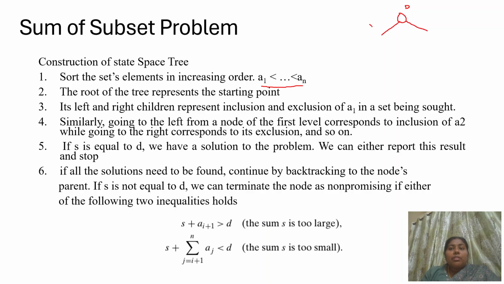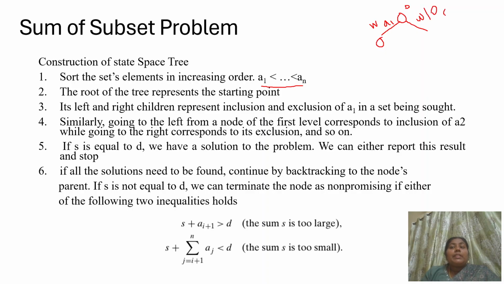The basic concept here is that the first one is the inclusion of the first element, that is A1, so with A1. The weight here is 0, and 0 plus A1 goes to the next level. On the right side, I include it without A1.